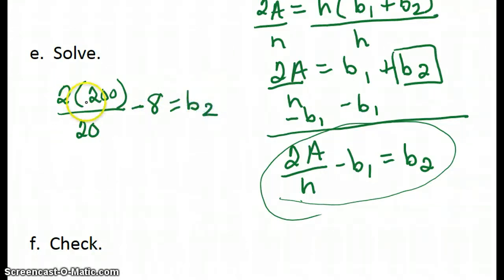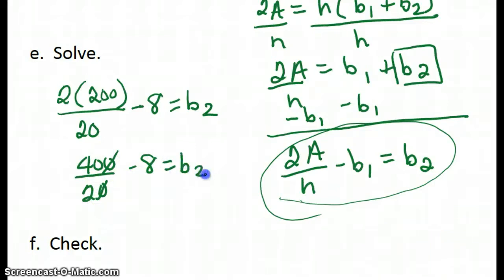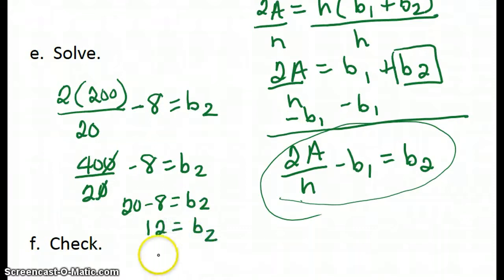So 2 times 200 is 400, divided by 20, love knocking those zeros out, minus 8 equals B2. 40 divided by 2 is 20, minus 8 is B2. That's going to give us 12 as B2. You can put that back into your original equation and check it.